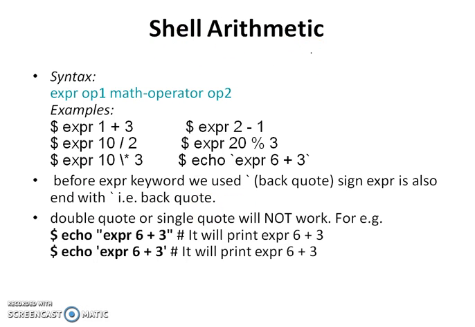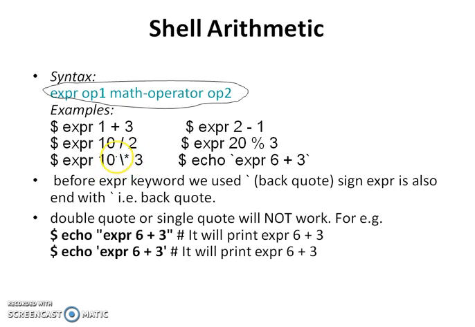How to perform shell arithmetic? The operation is done by using the expr command. expr, then operand, then math operator, then operand. For example, expr 1 + 3.